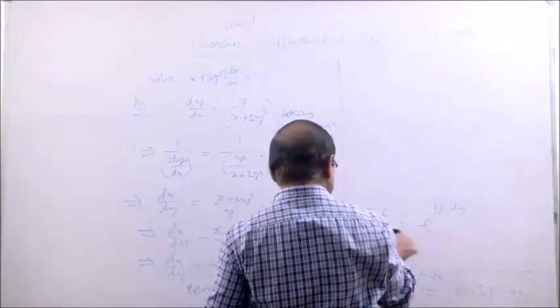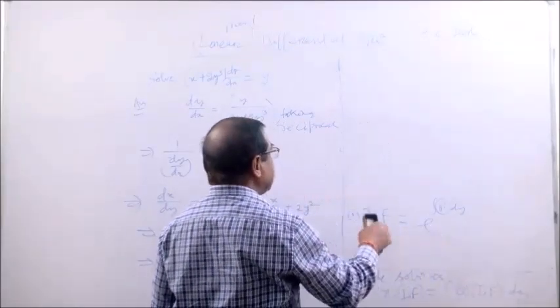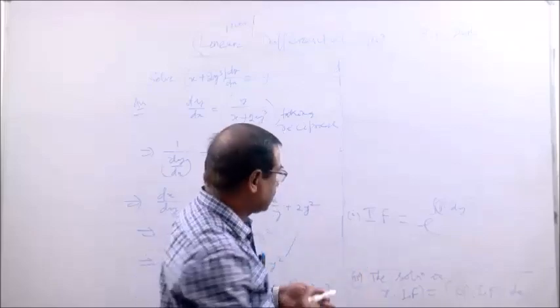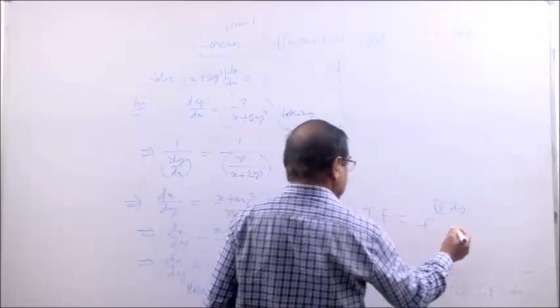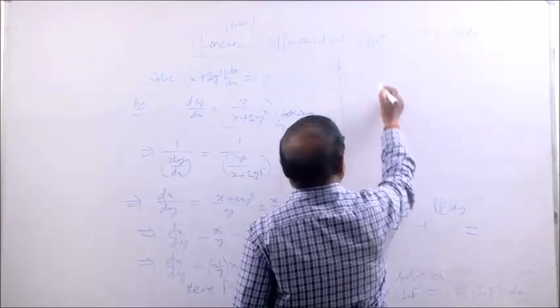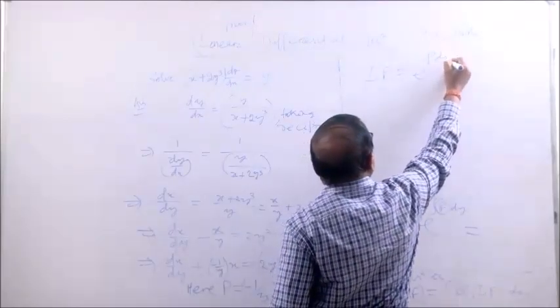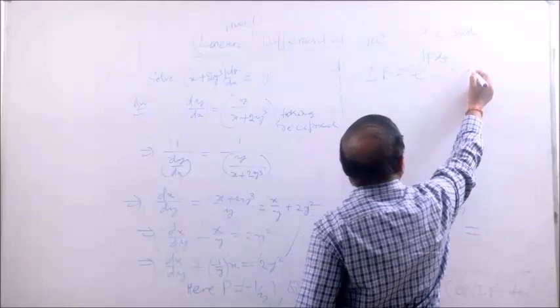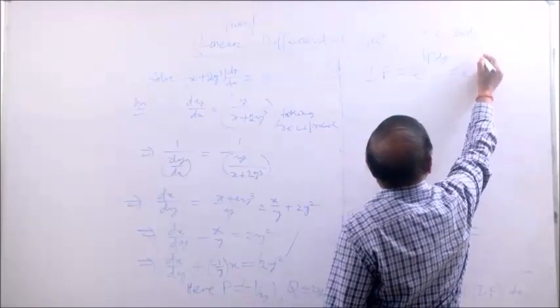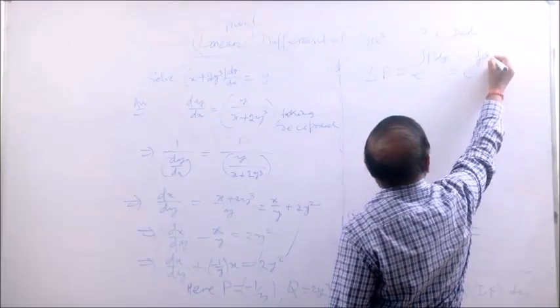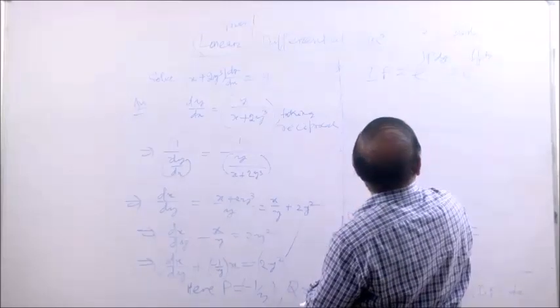Yes. What is IF? I have written here, IF is equal to e to the power integration of P dy. What is P here? Minus 1 by y dy, right?